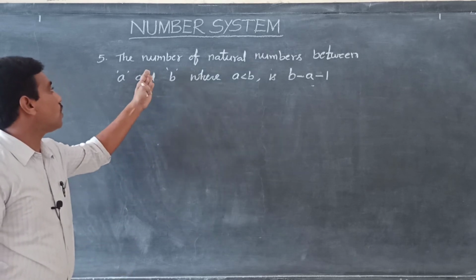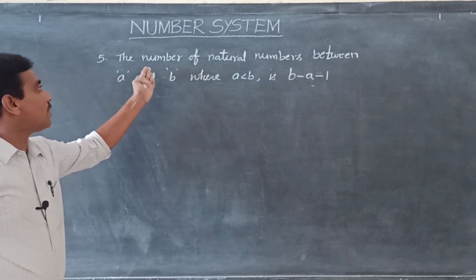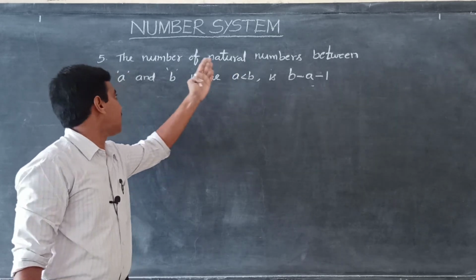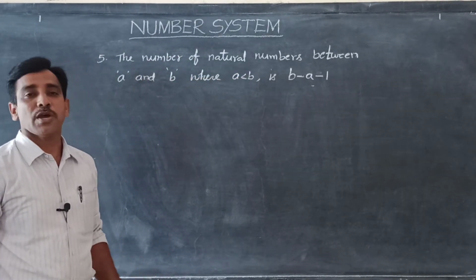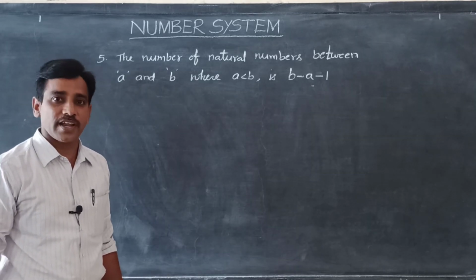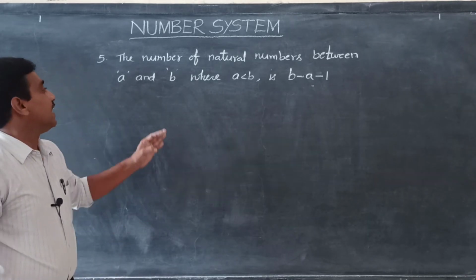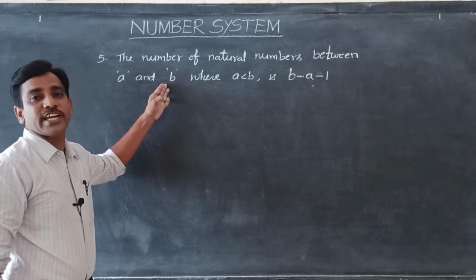Okay, so here the number of natural numbers between A and B where A less than B is B minus A minus 1. Right, here A and B means, suppose we take any two numbers.